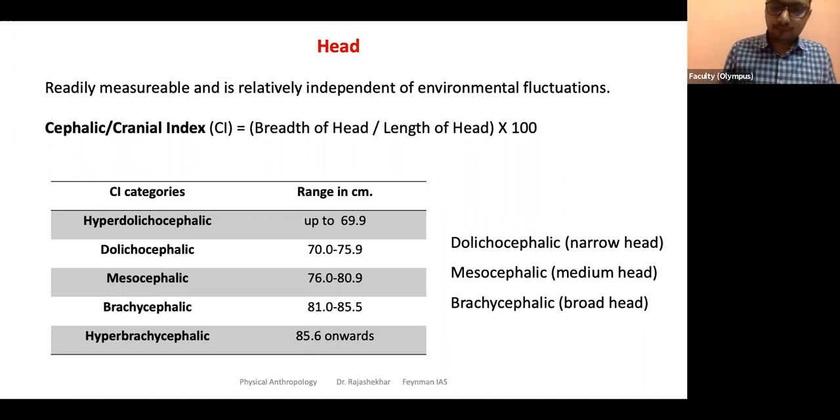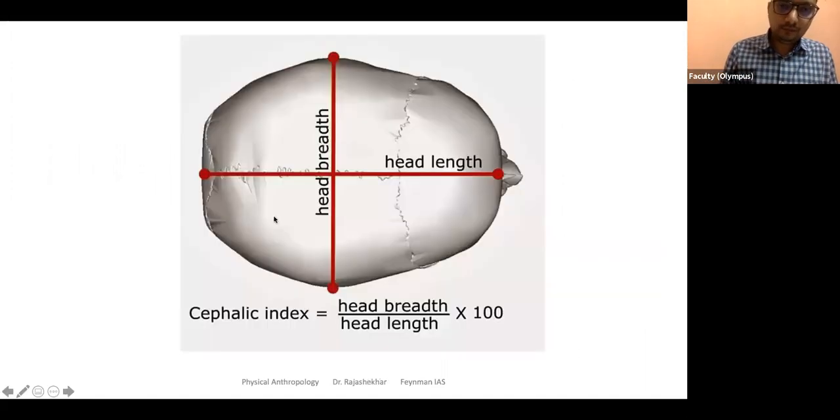So what do they do here? If you notice, this is the head, this is the front part, this is the back part. They measure the width or breadth of the head, basically of the skull. This width they measure, and they divide this breadth by the head length, from this point to this point, longitudinally. They measure the breadth and the length.